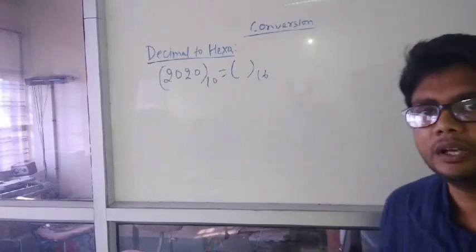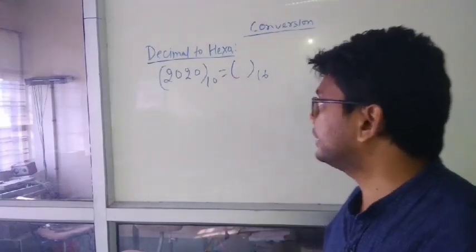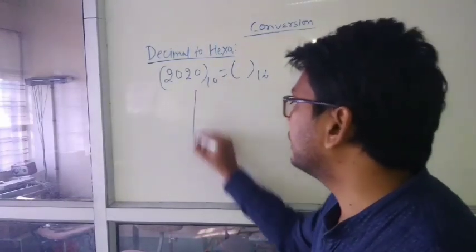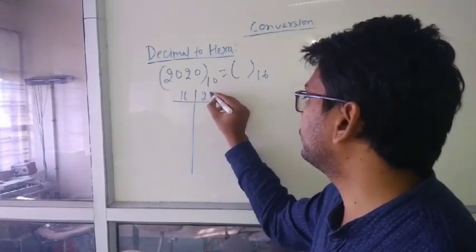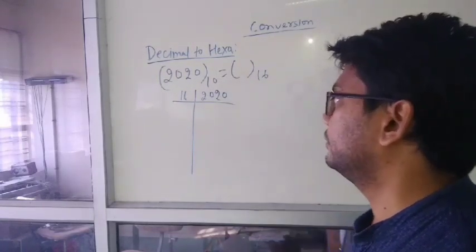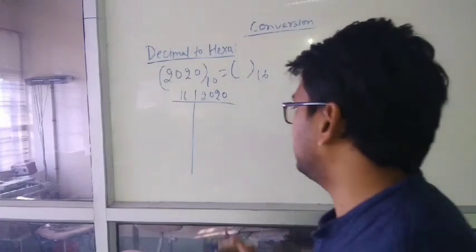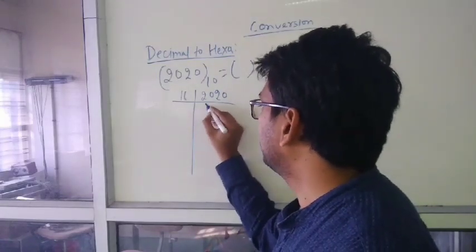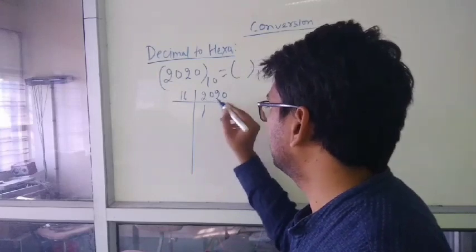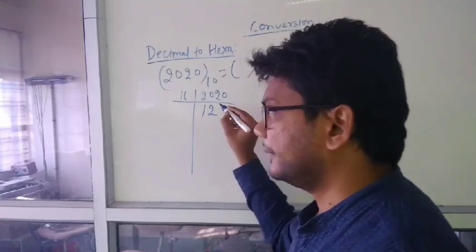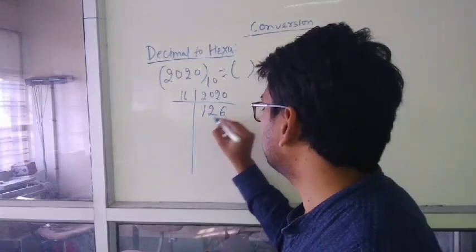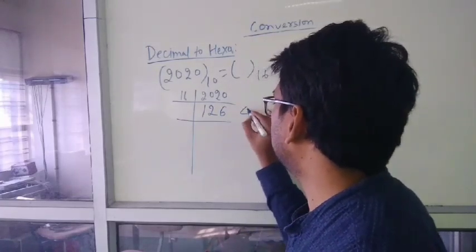As we know, we have to divide by radix 16, and the number is 2020. So when we divide this number, 16 1s are 16, 4 2s, 16 2s are 32, then 10 0, 16 6s are 96. So here the remainder is 4.